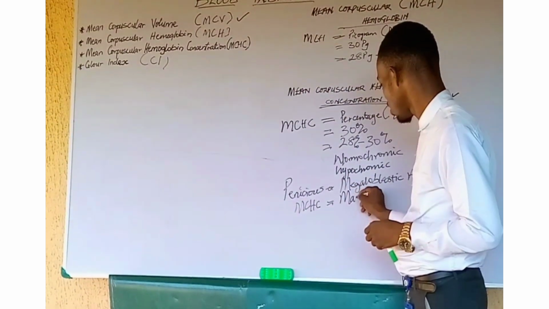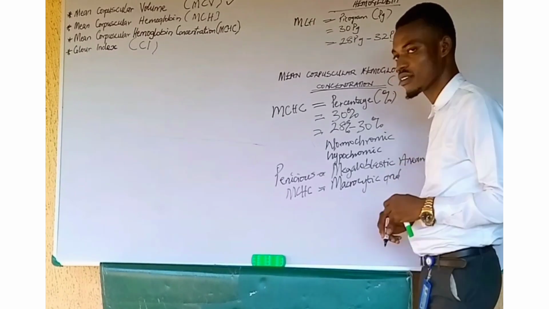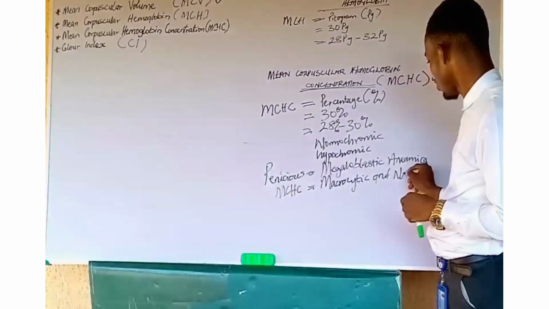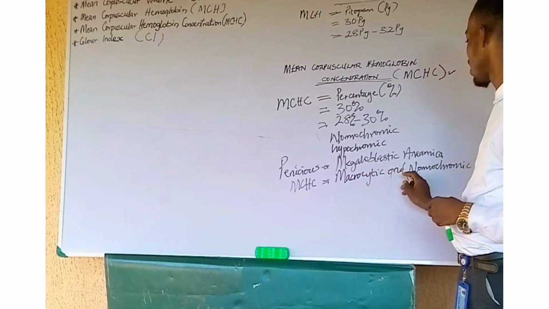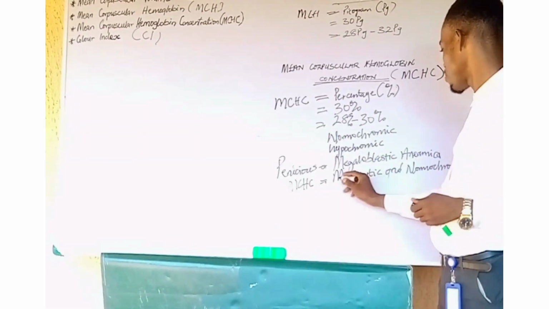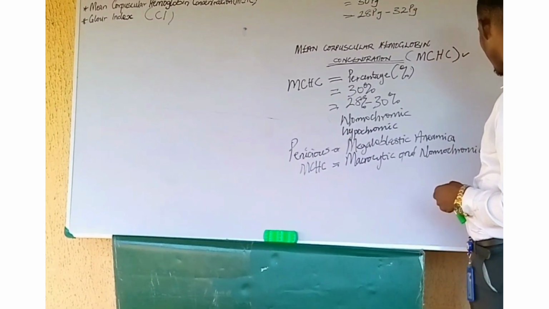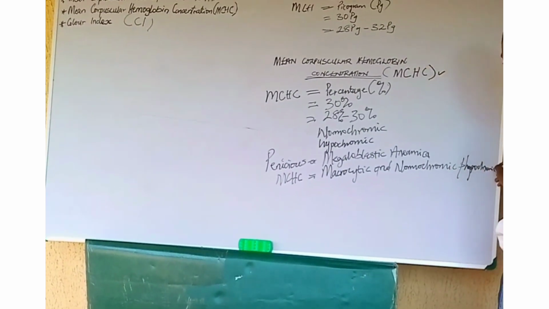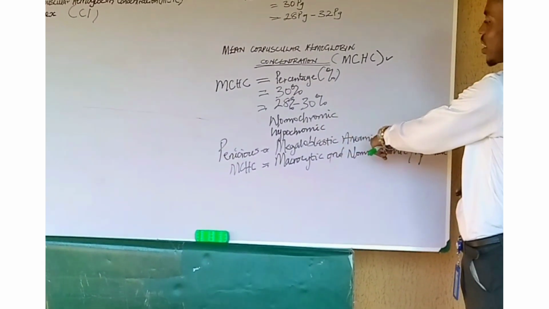Macrocytic and normochromic. It is either macrocytic and normochromic, or we say that it is macrocytic and hypochromic. Let's add it here, okay? Hypochromic. This is in pernicious or megaloblastic anemia.